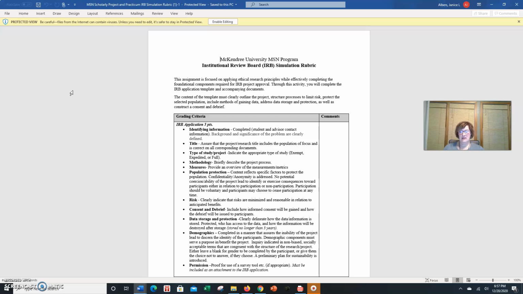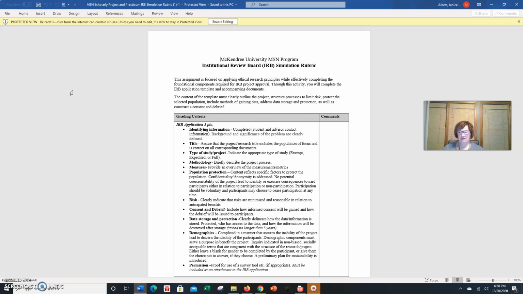You want to dive into the methodology, describe your project process, and then what type of measures you are going to use. You want to include specifically what type of metrics you're going to use, and again, this will help you as you're creating your scholarly project logic model as well.